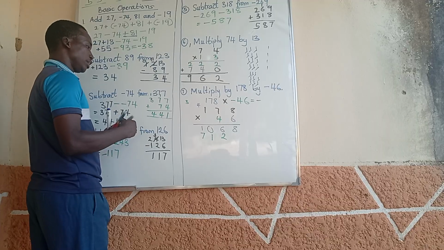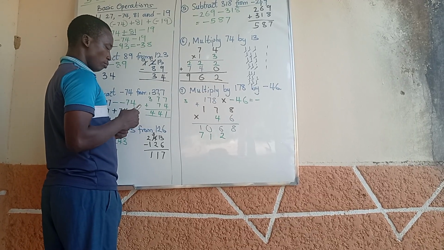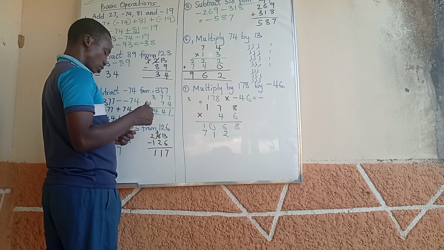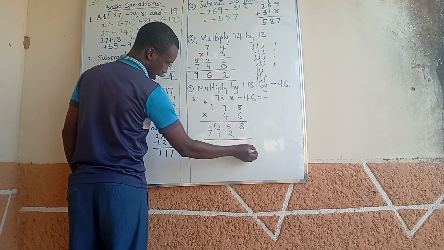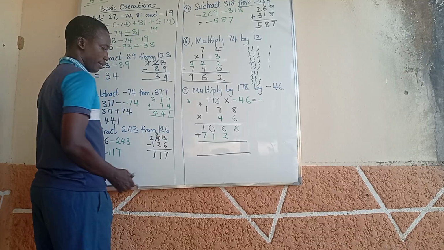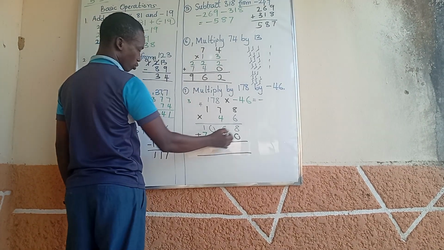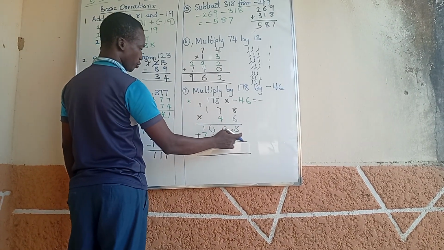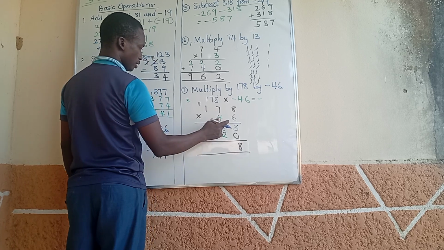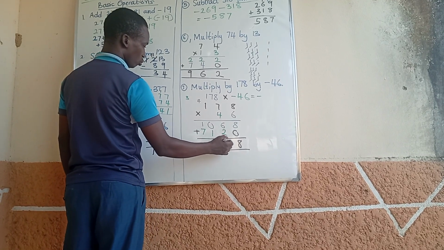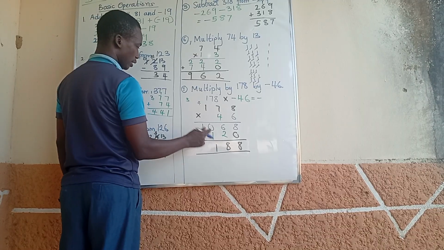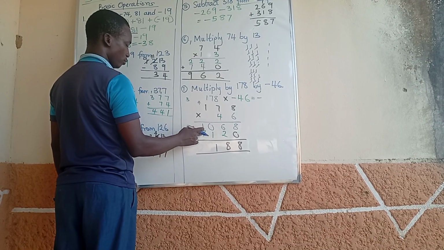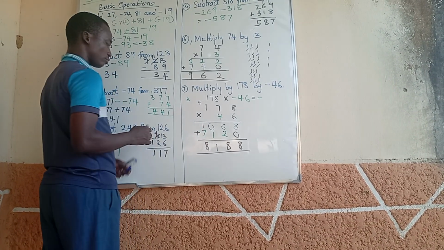After we have successfully multiplied both digits with the number above, we are now going to add them together. Here we put 0, then we say 8 plus 0 we get 8. 6 plus 2 we get 8. 0 plus 1 we get 1. And 1 plus 7 we get 8.